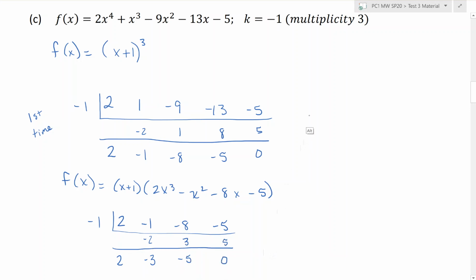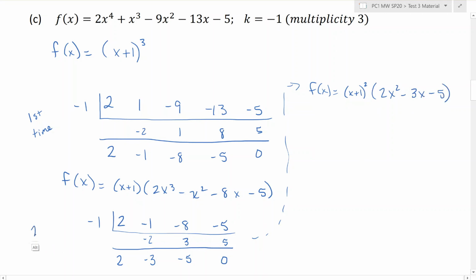Okay, so in other words, I now have this written as f of x equals x plus 1 times another x plus 1, so I can just make that squared, times 2x squared minus 3x minus 5.